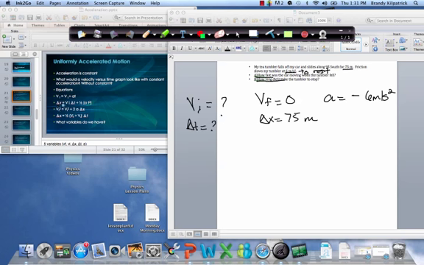There's too many unknowns. For the second one, I have delta x, but I do not have the initial velocity, nor do I have the time, so I cannot use the second one. Looking at the third one, I have VF, I do not have VI, so that's one unknown. I have the acceleration, and I also have delta x, so I can use the third equation.